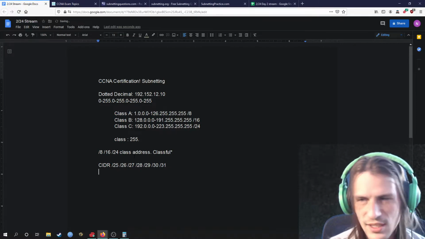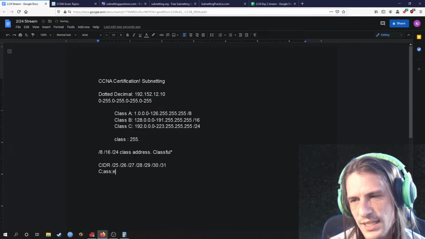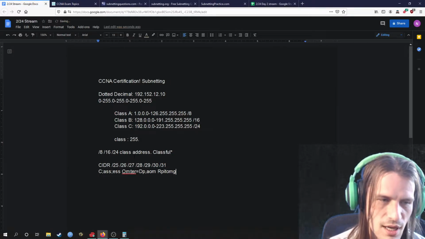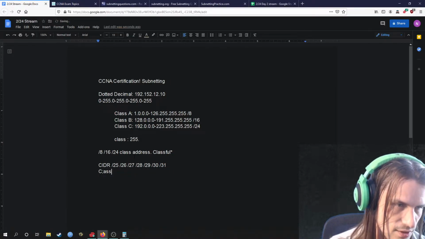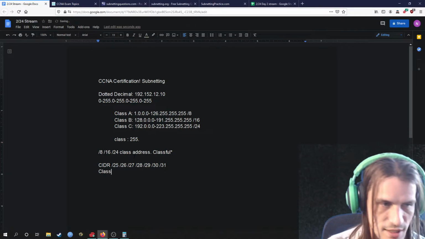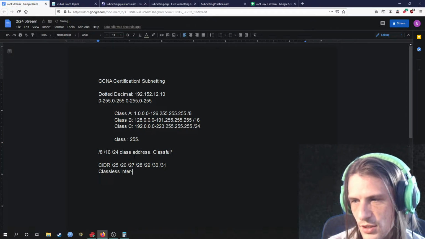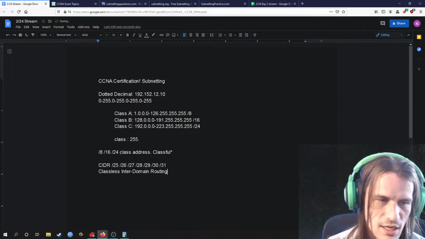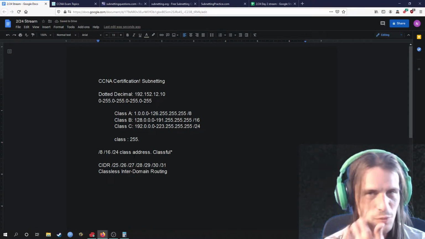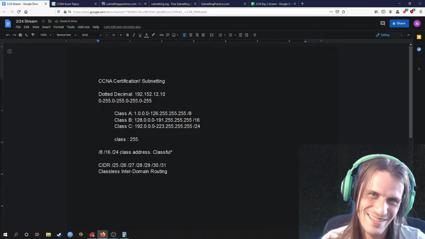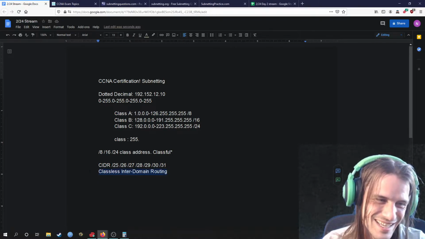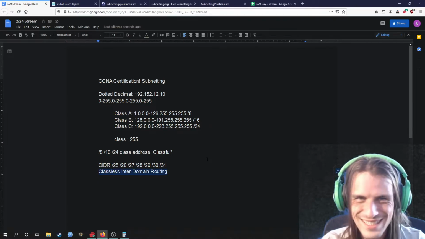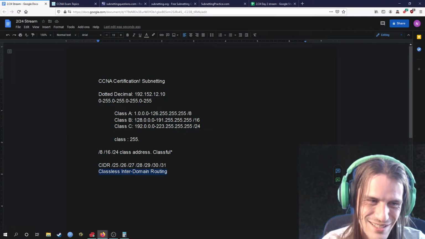But CIDR actually stands for classless inter-domain routing. I don't think you'll ever run into anyone at work who works as a technician that calls it classless inter-domain routing.